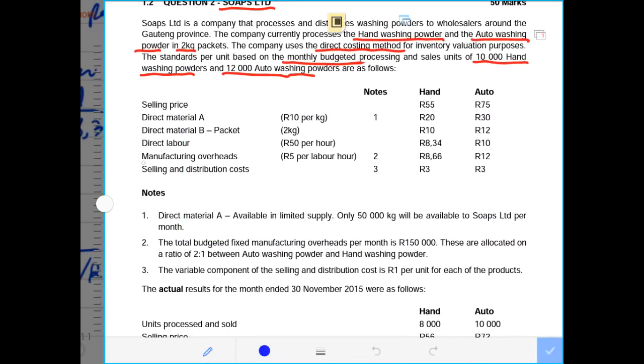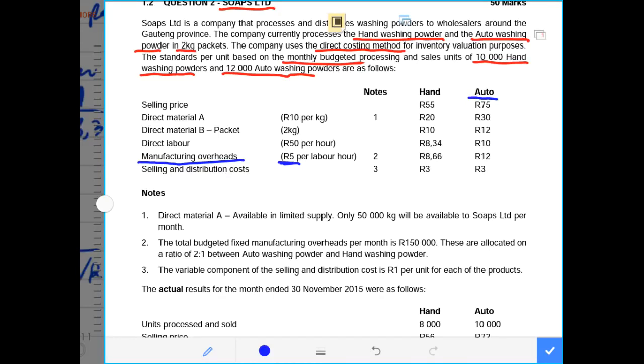Then we go to the manufacturing overheads, which is 5 rand per labor hour. However, we don't know how many hours it takes to complete 1 unit of hand washing powder and 1 unit of auto washing powder in terms of the manufacturing overheads.